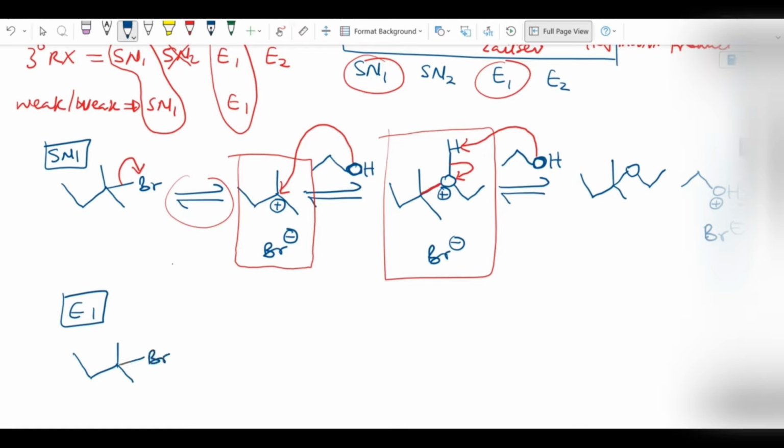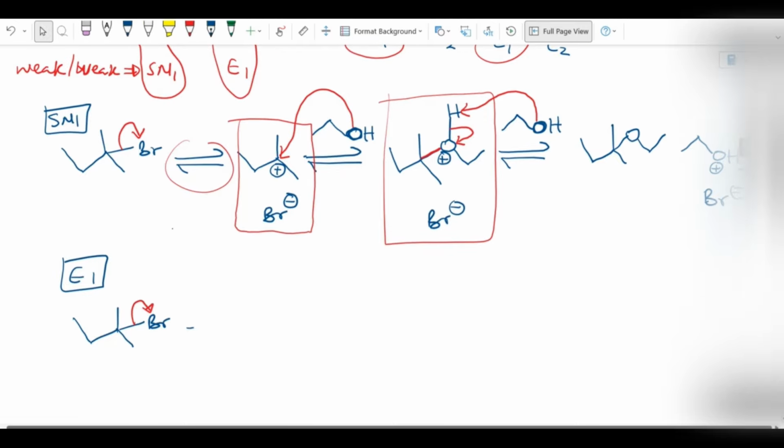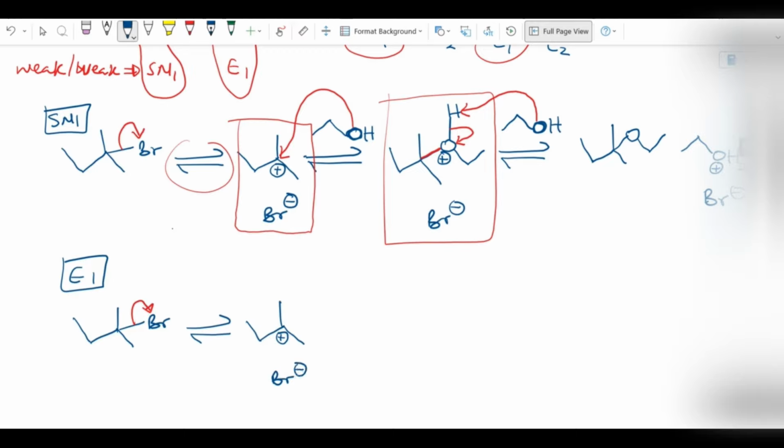So the first step of the mechanism of SN1 and E1 is pretty similar in that the leaving group will leave, and when it does, it forms a carbocation intermediate. The difference here is that instead of the ethanol acting as a nucleophile, it will now act as a base.